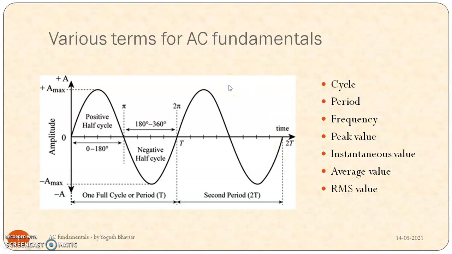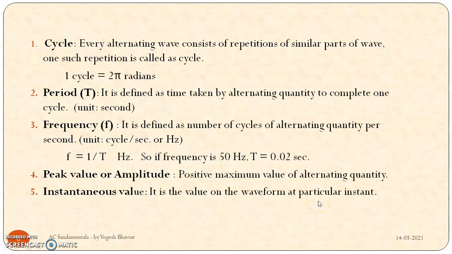Now we will define various terms for this waveform: cycle, period, frequency, peak value, instantaneous value, average value, and RMS value. Let us see one by one. So what is a cycle? Every alternating wave consists of a repetition of similar parts of the wave. One such repetition is called a cycle.